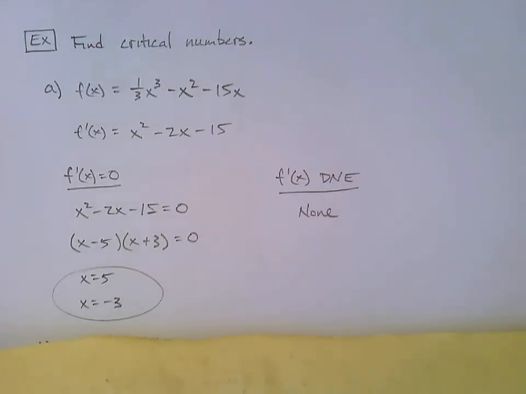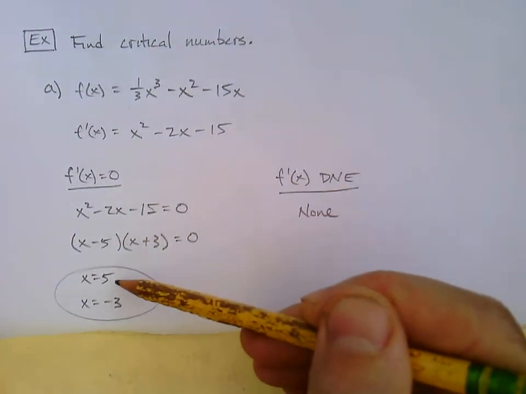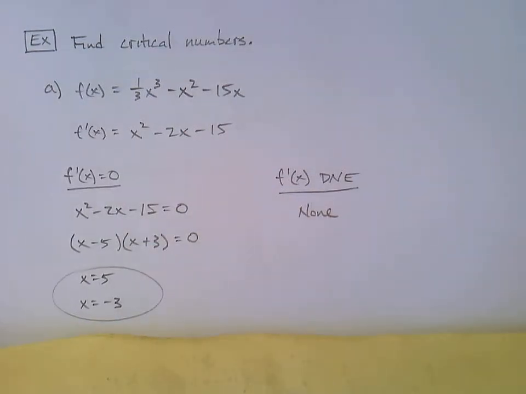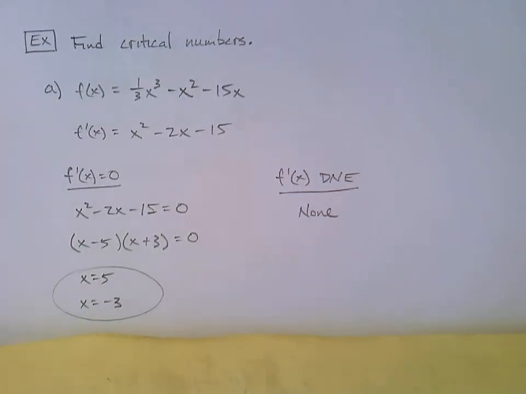So we've got the answer here, but if you wanted to connect it to the bigger idea, if this function has local maxes or mins, they occur at those x values. Now we don't know if this is a local max or min, maybe this is, maybe both of them are not local maxes or mins.